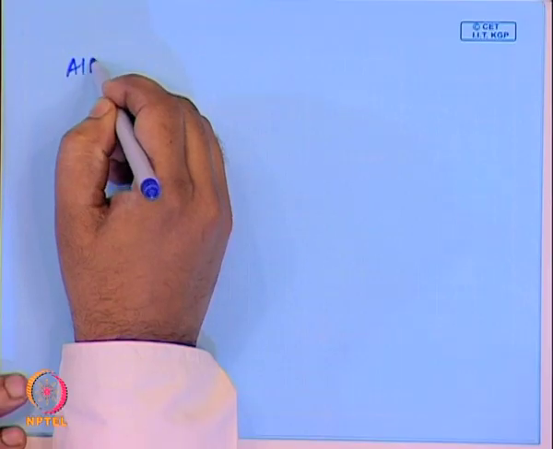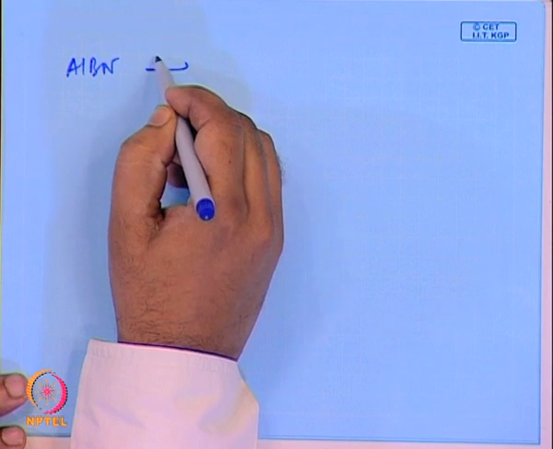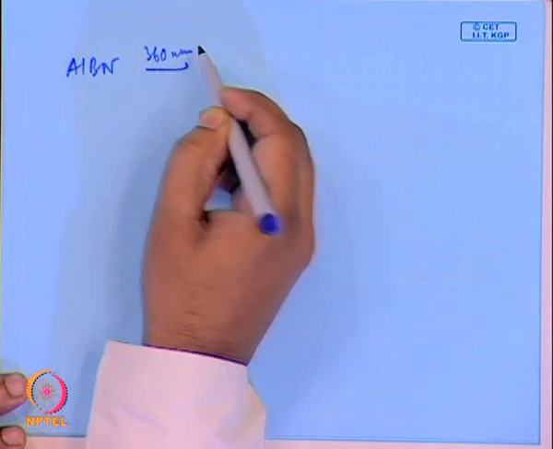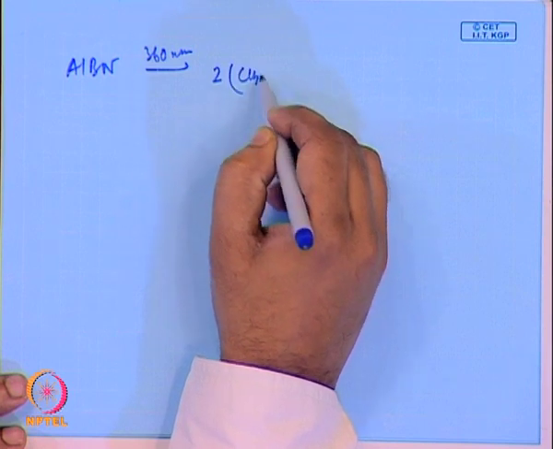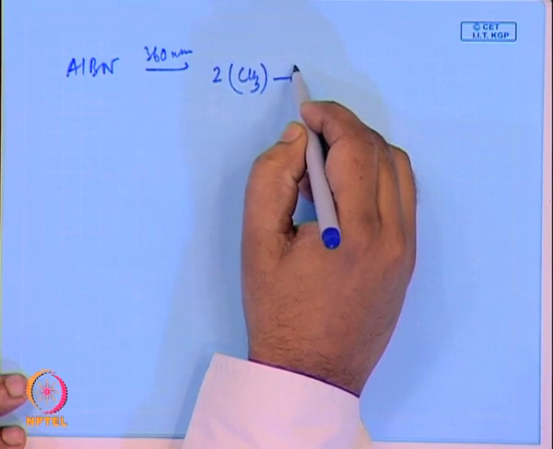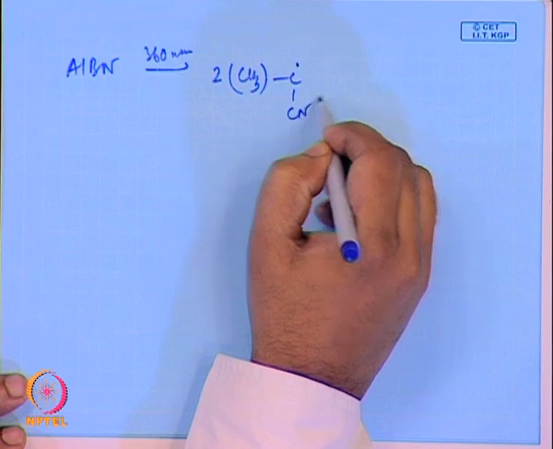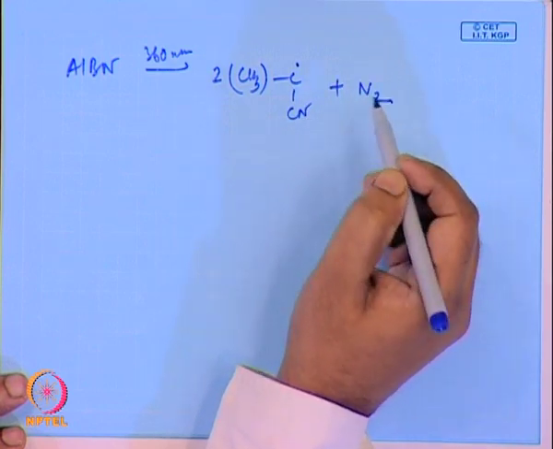Similarly, this AIBN type molecule can also absorb a photon and break into two radicals.